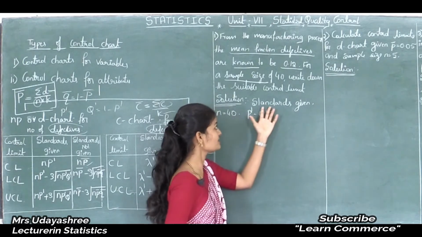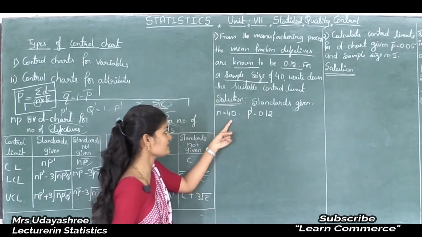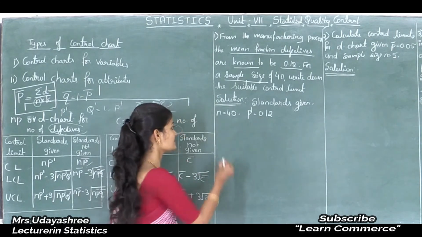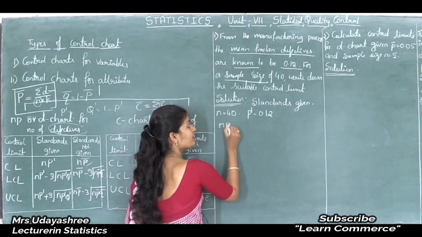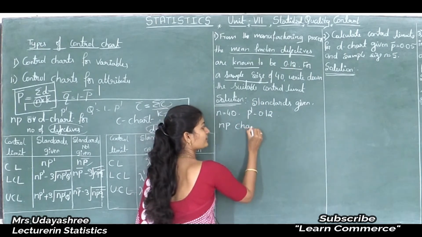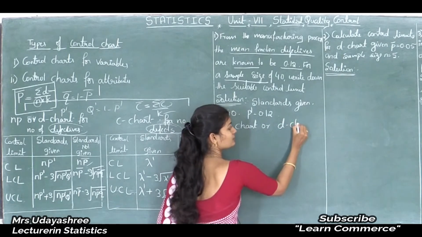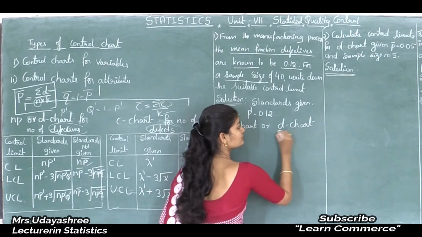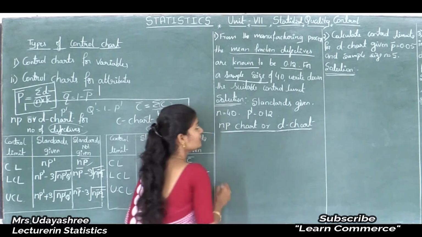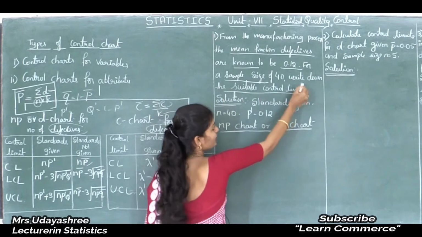So this is a standards given case. The given observations are n is equal to 40 and P dash is equal to 0.12. Here they gave defectives, so this is an NP chart or D chart.